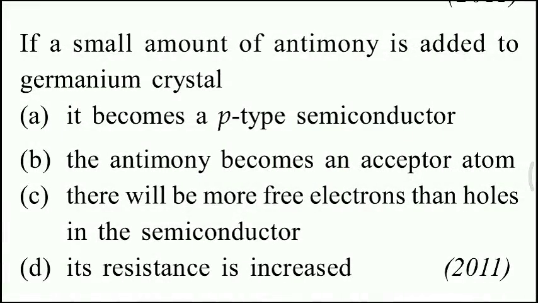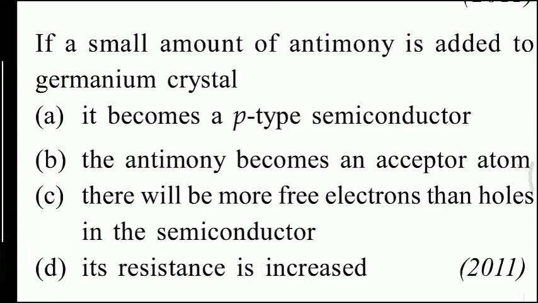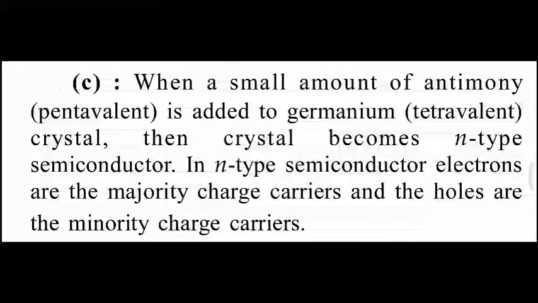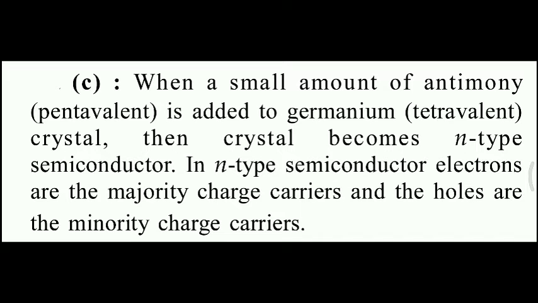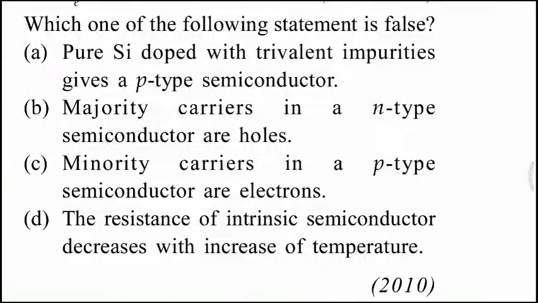There will be more free electrons than holes in the semiconductor. When a small amount of pentavalent antimony is added to tetravalent germanium crystal, the crystal becomes an n-type semiconductor. In n-type semiconductor, electrons are the majority charge carriers and holes are the minority charge carriers.